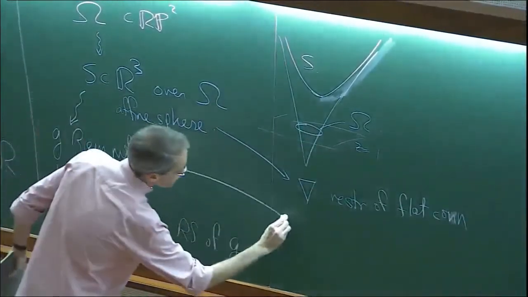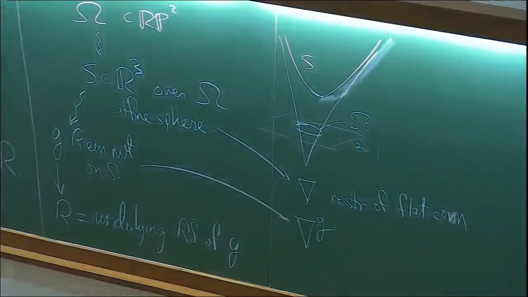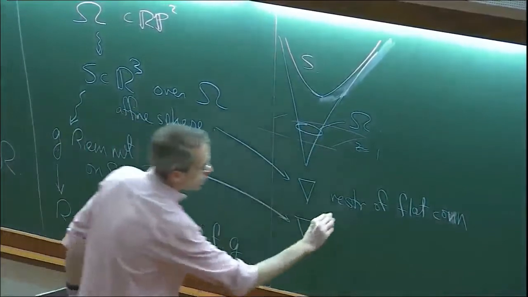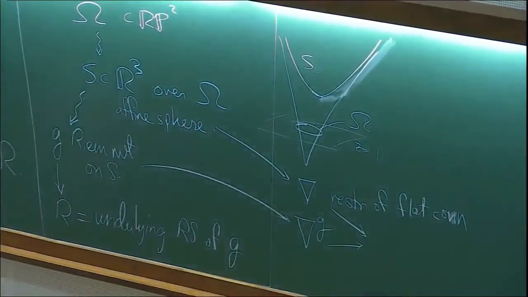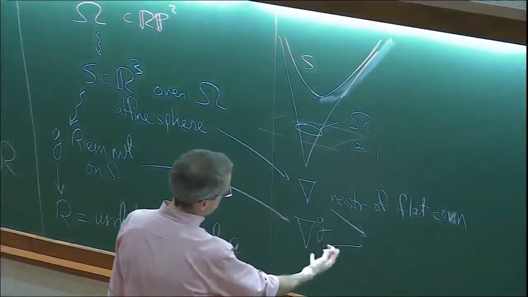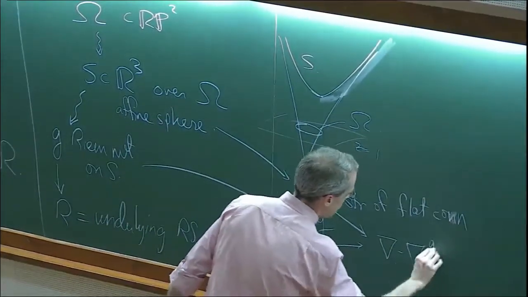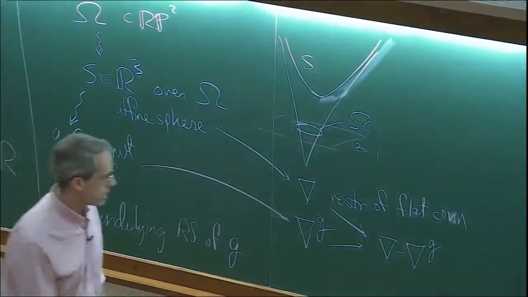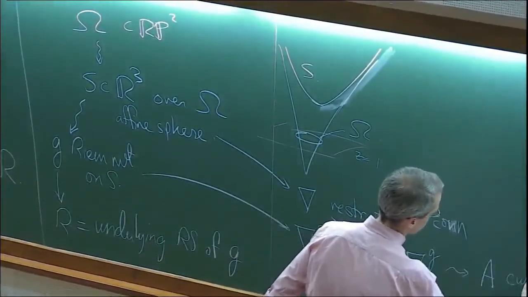But once it has a Riemannian metric, it gets another connection on its tangent bundle, which is the one that comes from G. Now, when you have two connections on the same bundle, everyone knows what to do. You take the difference, and that's some kind of tensor. Here, this is an analog of the second fundamental form. After raising and lowering indices, this difference gives you a cubic form on the tangent bundle.